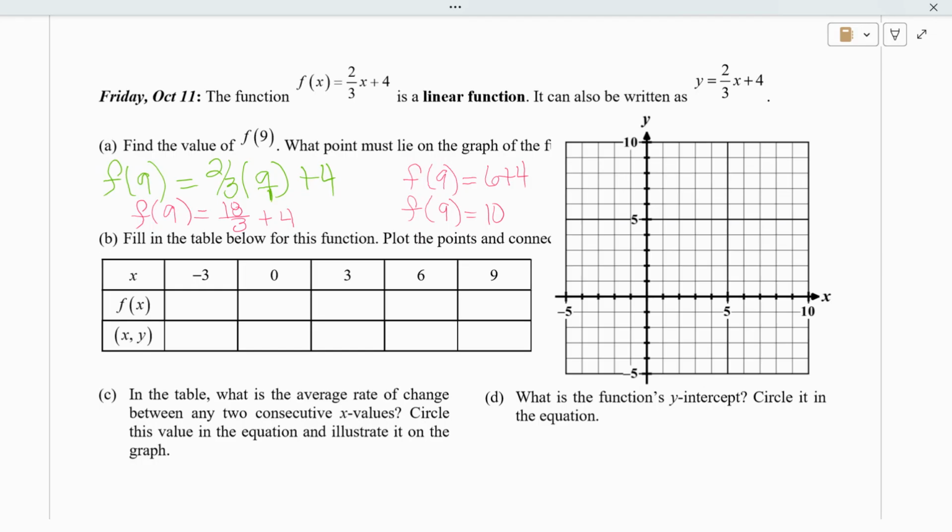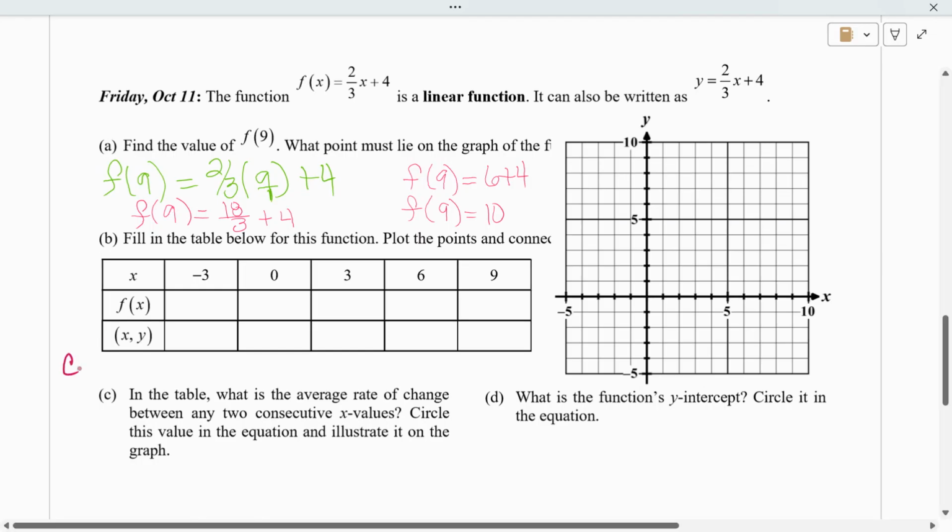What are we writing? 2/3 x, 2/3 parentheses x, plus 4. So calculator. We're going to the y equals button. And we're typing parenthesis 2 divided by 3.